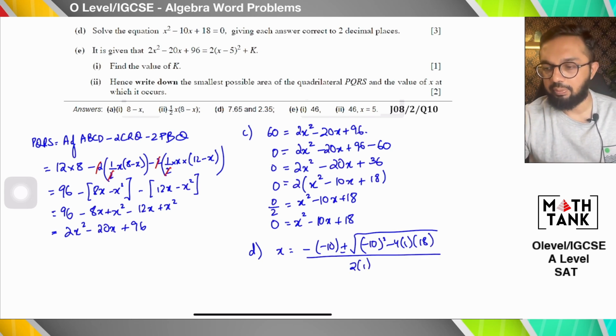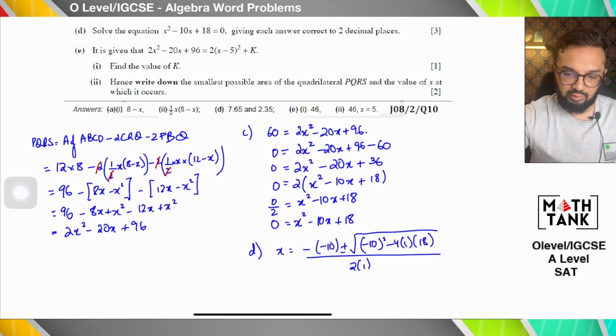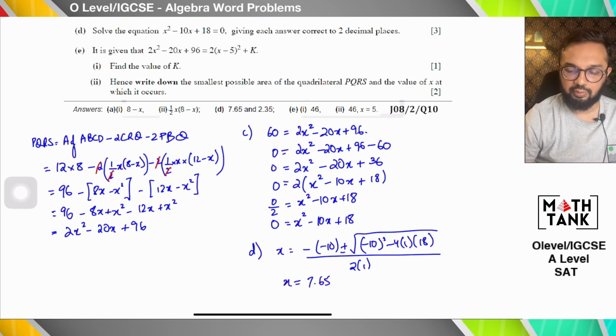Then punching all of this on my calculator, I get 7.65 and 2.35. So 7.65 or 2.35.